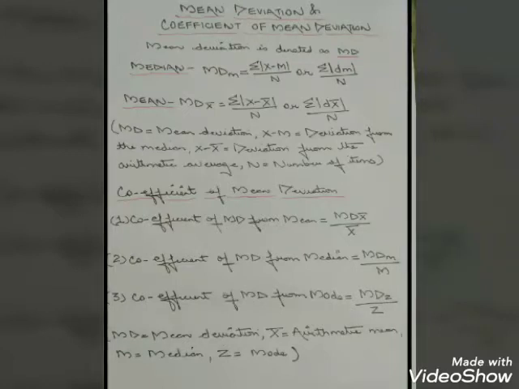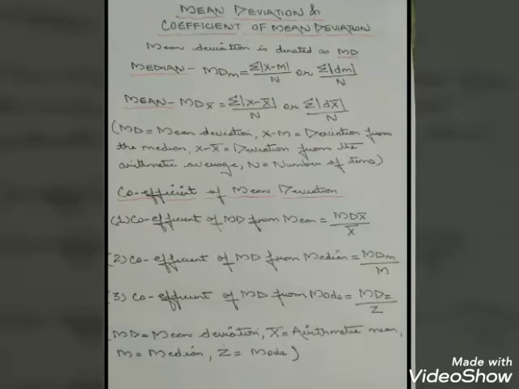Here MD is mean deviation, x minus M is deviation from the median, x minus x̄ is deviation from the arithmetic average, and n is the number of items.